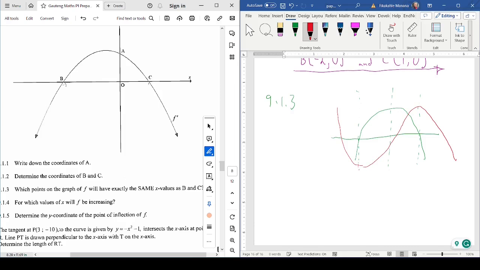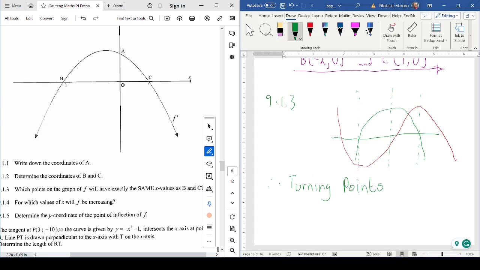So we can then say, therefore, the points on the graph of f are the turning points. They have the same x values as the x-intercepts of this quadratic graph. That's what it is.